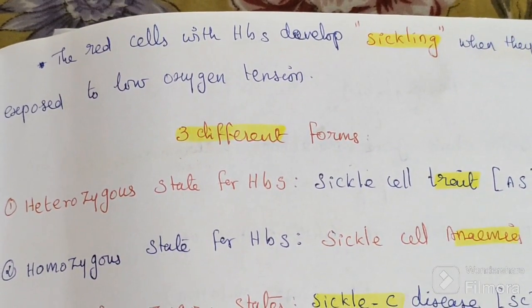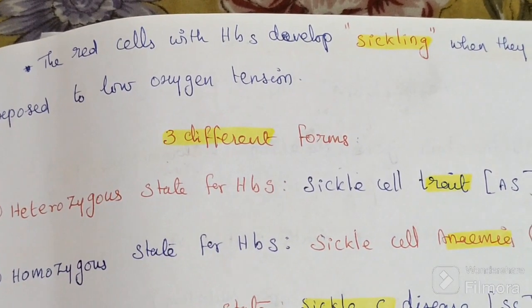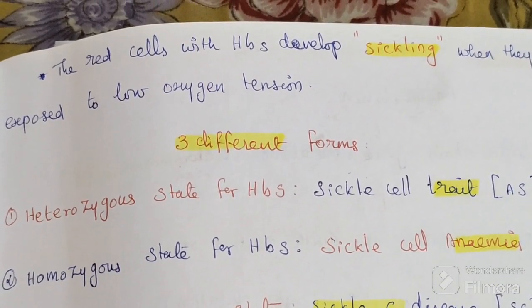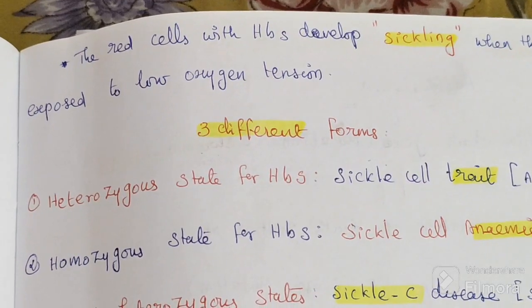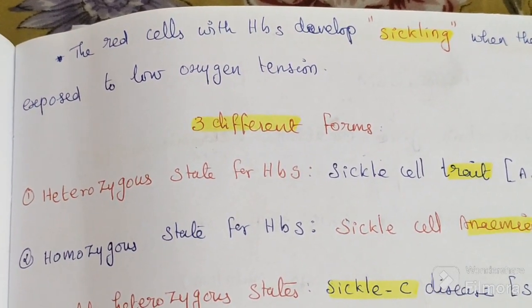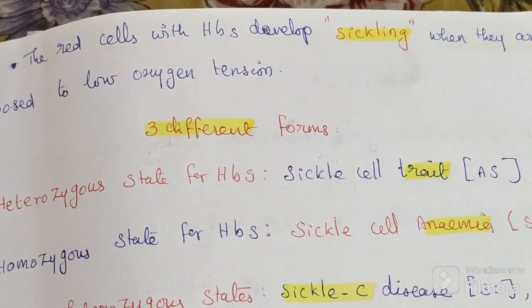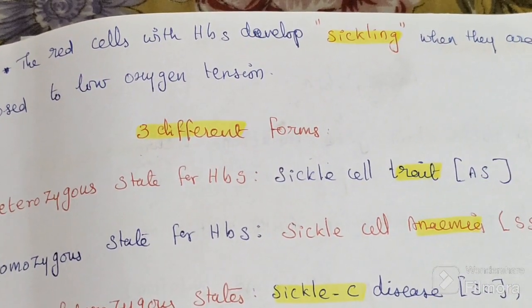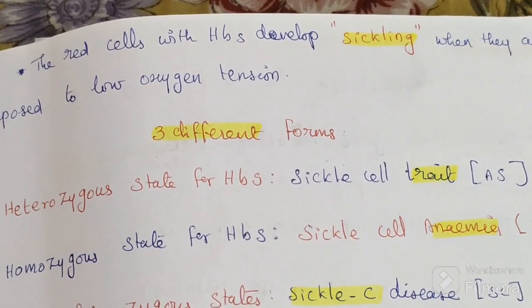There are three types of hemoglobin present in the human adult body: HbA, HbA2 and HbF. But HbS, hemoglobin S, is not a normal hemoglobin. It is found only in a person with sickle syndrome.